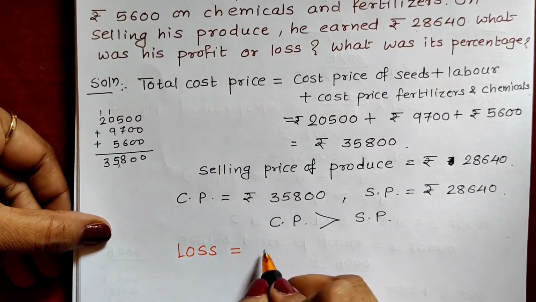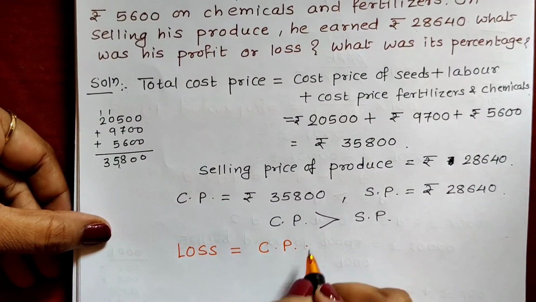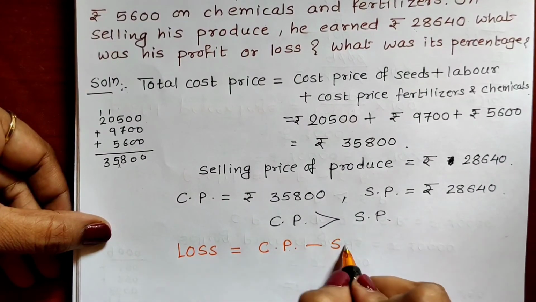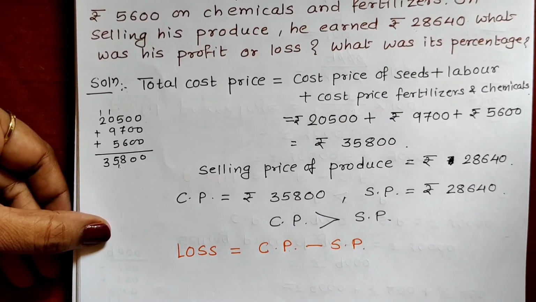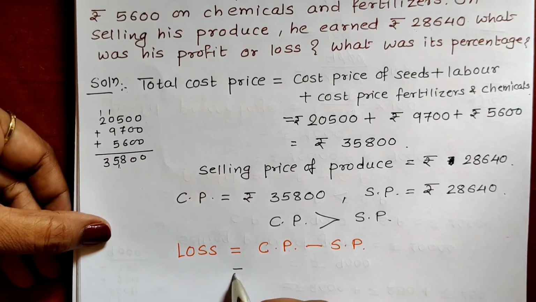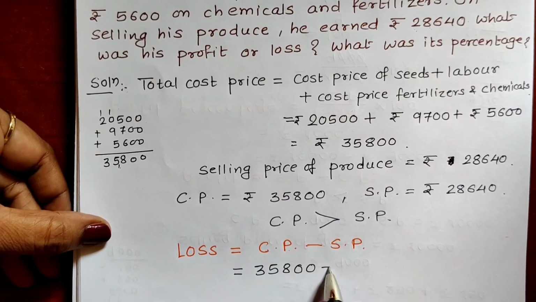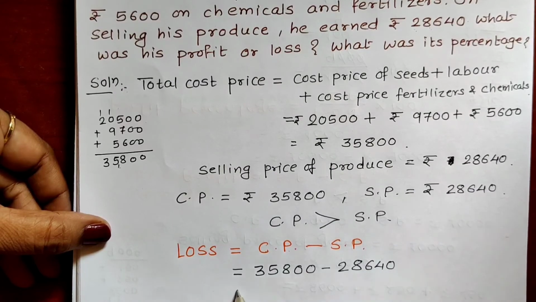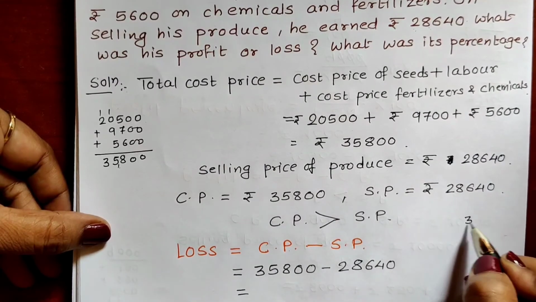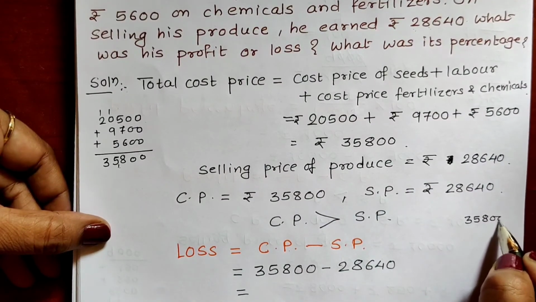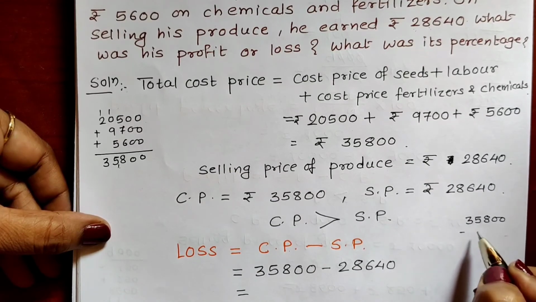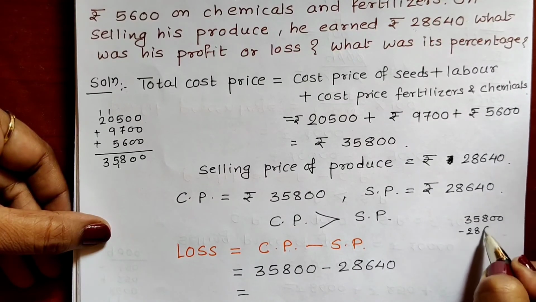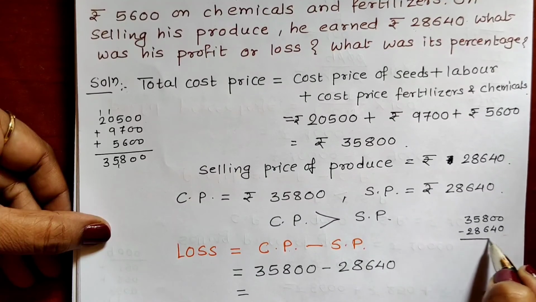We all know that. And loss is equal to cost price minus selling price, CP minus SP. So cost price is 35,800, selling price is 28,640. Let us subtract 35,800 minus 28,640.